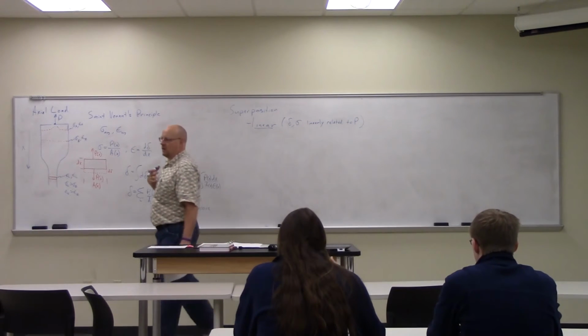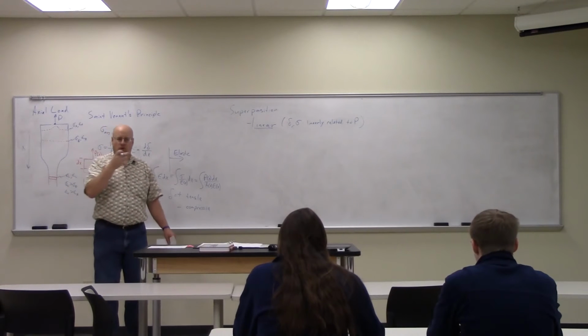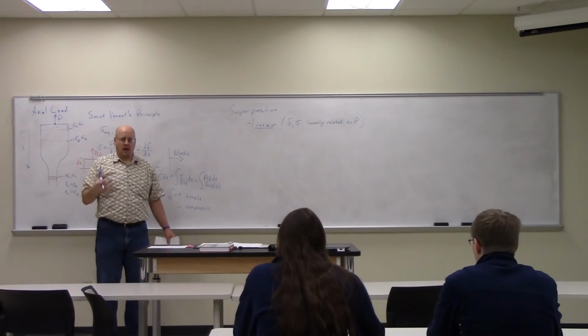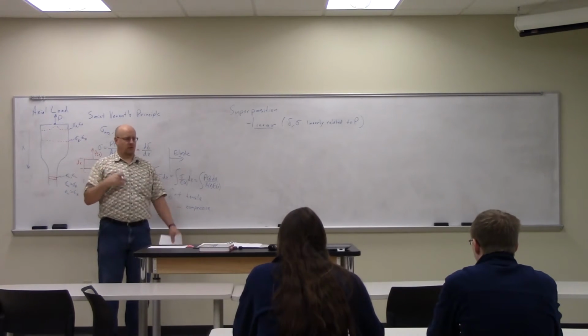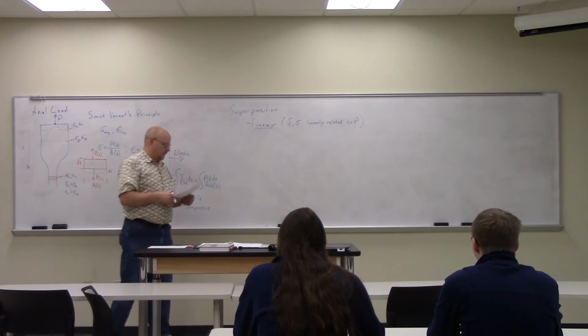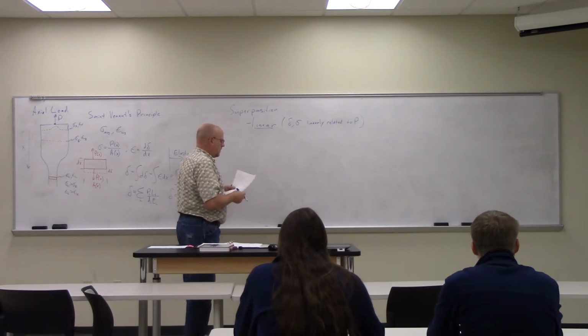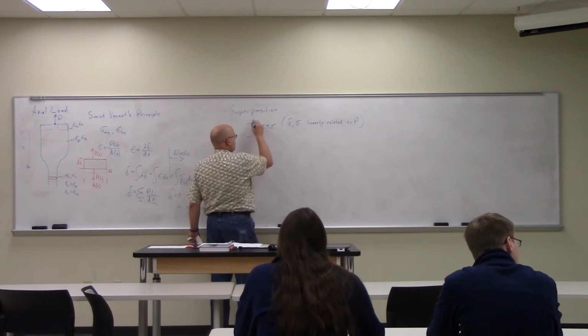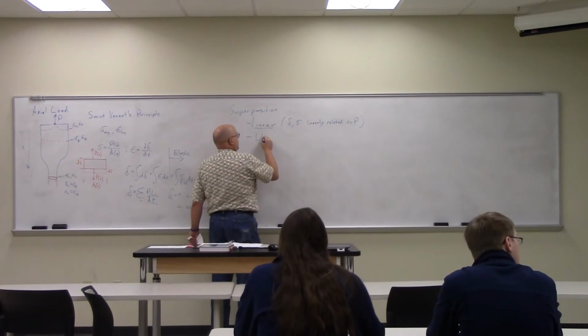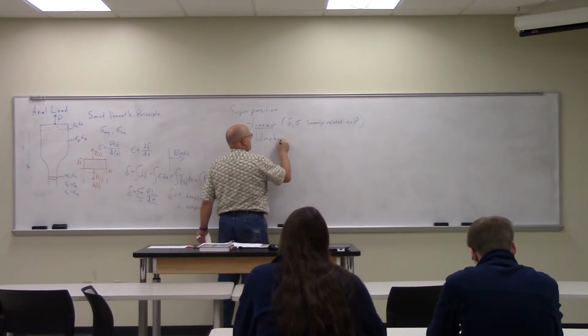So anytime you have this linear relationship, then you can treat each force independently and then take the superposition of those forces. And the other constraint for superposition is that you have an unchanging geometry.